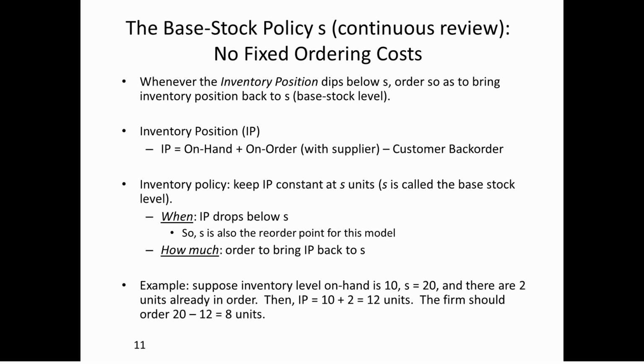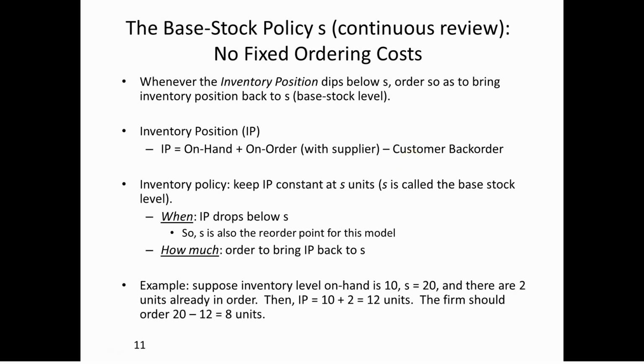So the philosophy here is that as soon as my inventory dips below my base stock level, as calculated by what I need to have to maintain over the lead time, that's time to order and bring it back up so that I always have enough to stay in that inventory position. So the inventory position is quite simply whatever I have on hand plus whatever I have on order minus whatever was already ordered by the customers, or there might be on back order.